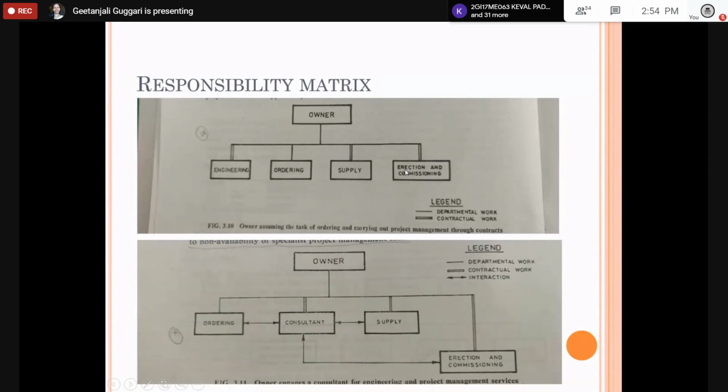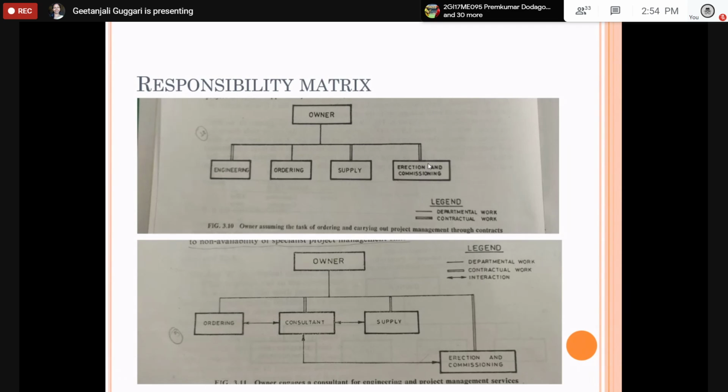The same sections are shown over here. But when the project goes larger in scale, you want to increase the contractual work. So here you are going for engineering also as contractual work, and supply and erection also you are giving as contractual work, not to the same party. You may be giving them to different parties.